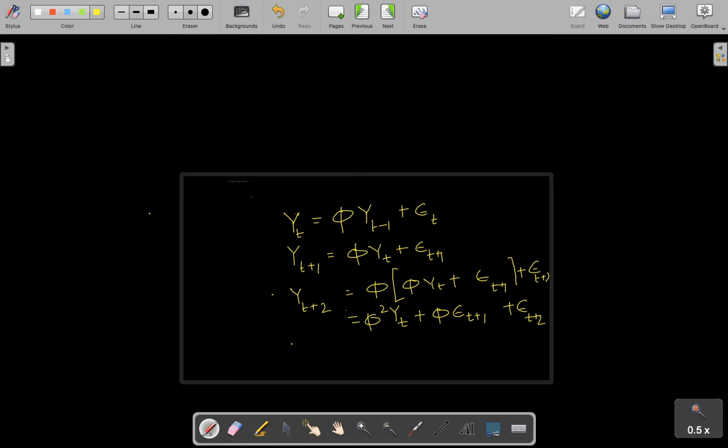In the same fashion, I can write yt plus 3 equal to, using the same notation where I want to keep yt on the right hand side, so I will use the value of yt plus 2, which means phi square yt, and then I have my phi epsilon t plus 1, and then epsilon t plus 2.